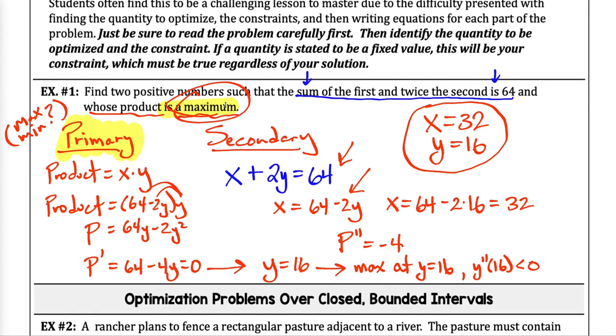That's always going to be tied together. And then there is always going to be a secondary equation that generally has numbers so that you can substitute information. And then your goal is to take the derivative to figure out max and min information from the derivative.